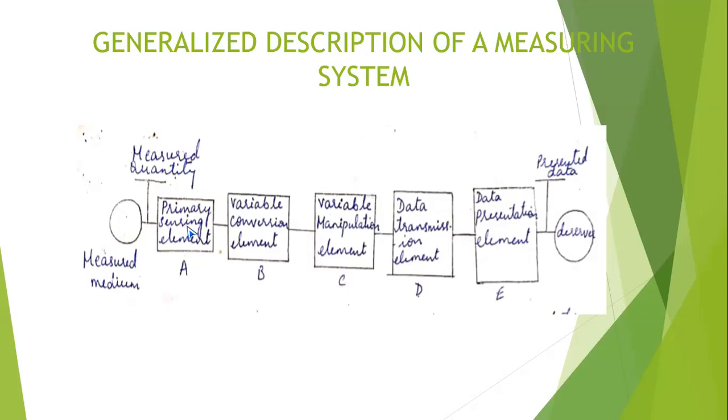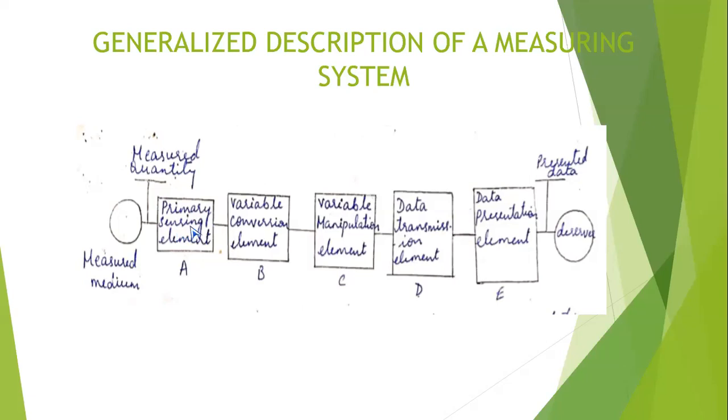So in the primary sensing stage, keep the sugar in the cover on the platform of the electronic weighing machine. Due to that, the load acting on the platform is transferred to the variable conversion element through the sensors in the bottom of the platform.